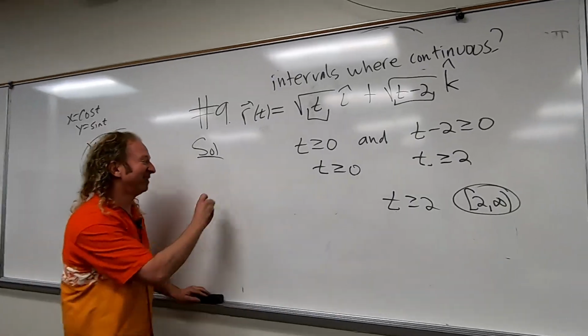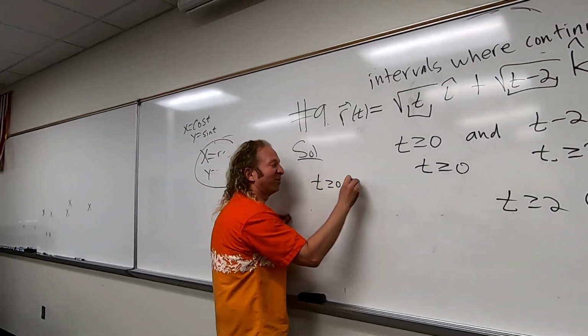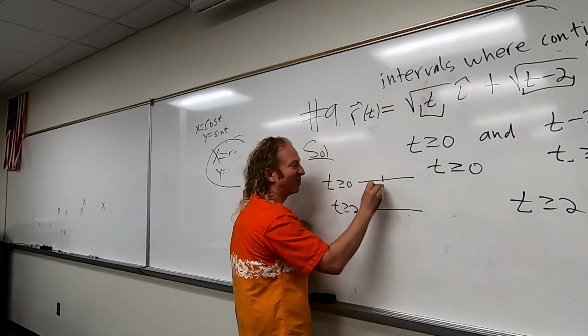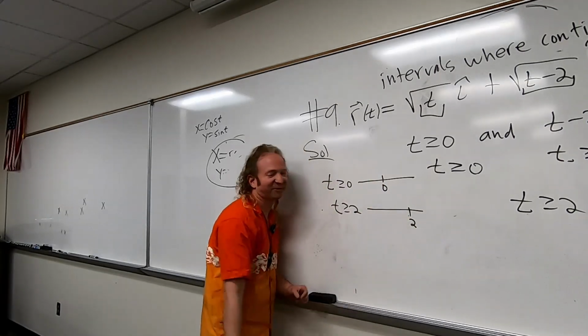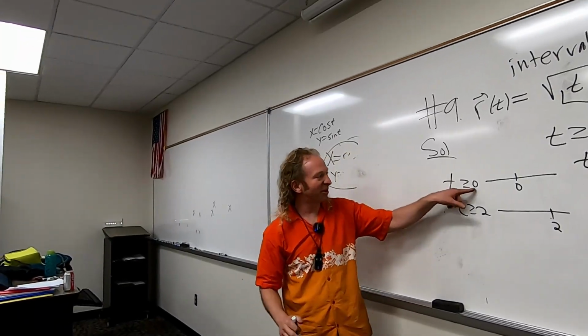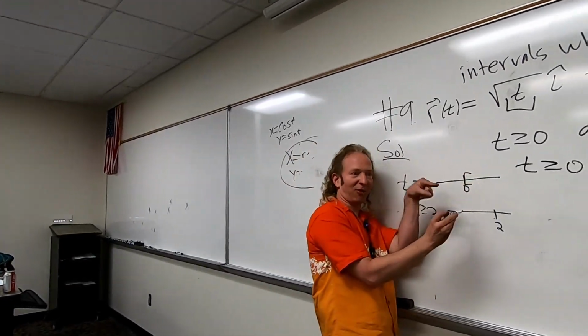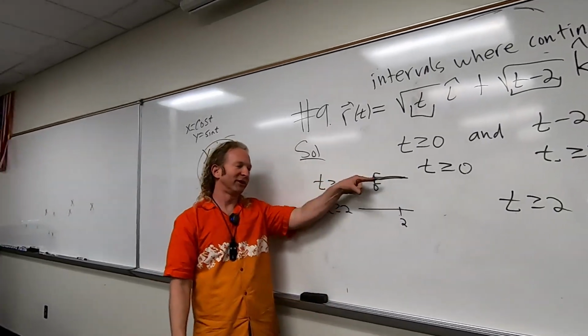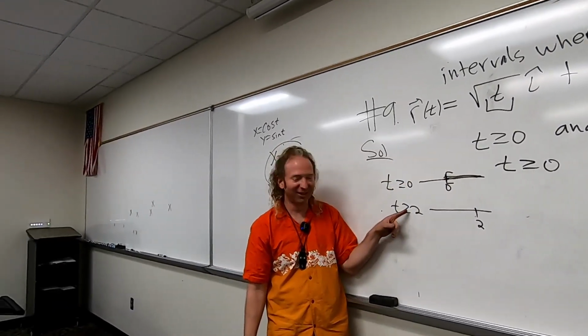The real way to do it: draw a number line, right? Oh, this brings me back. So here's 0, here's 2. This is the way it's taught, right? t bigger than 0, so you put a bracket and you shade that way. I used to have a guy in my class who said shade whichever way the arrow points. I don't like that at all, but it does work.